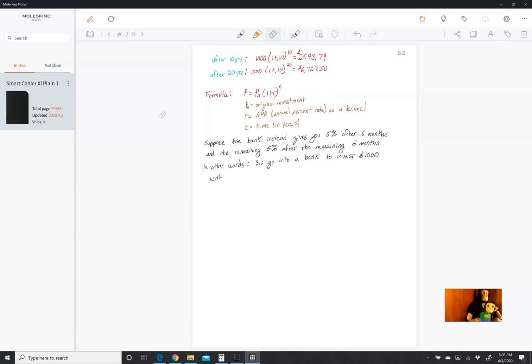With an APR of 10%, compounded semi-annually. So semi-annually is twice per year. Right? 6 months, every 6 months. Compounded is just a fancy way of saying collect interest.